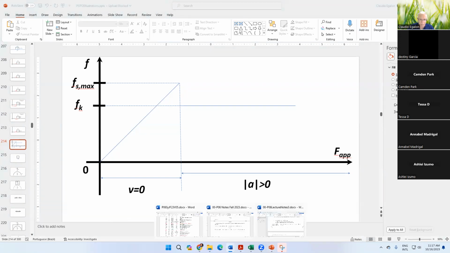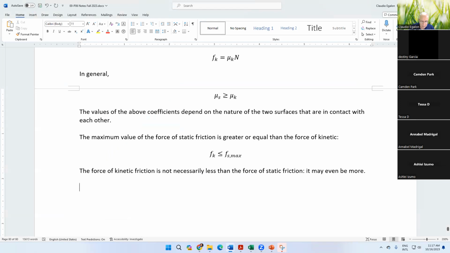Let me write that down. Examples. An object of mass m is at rest over a horizontal flat surface. You need one more piece of information here: its coefficient of static friction is mu sub s.